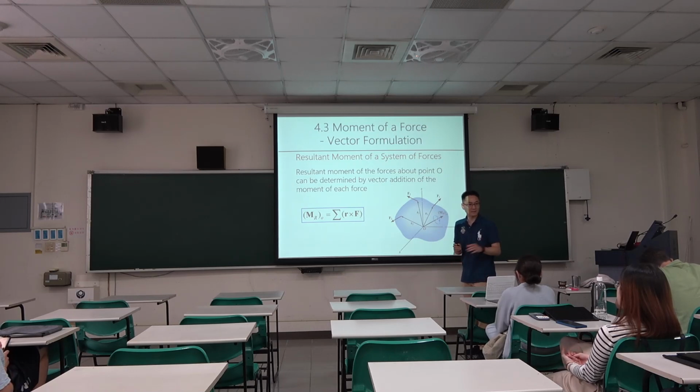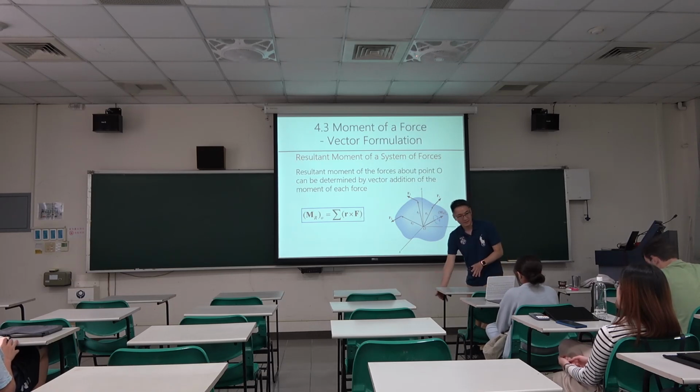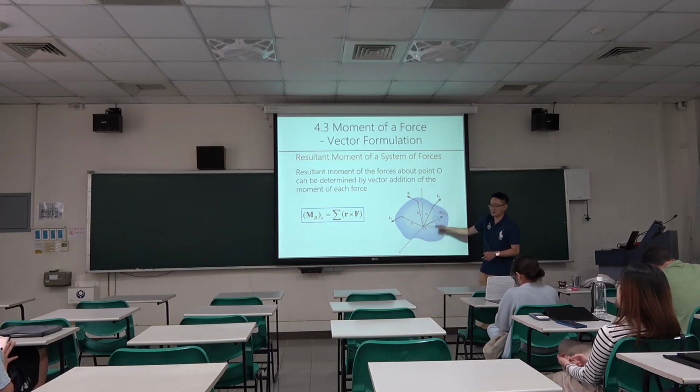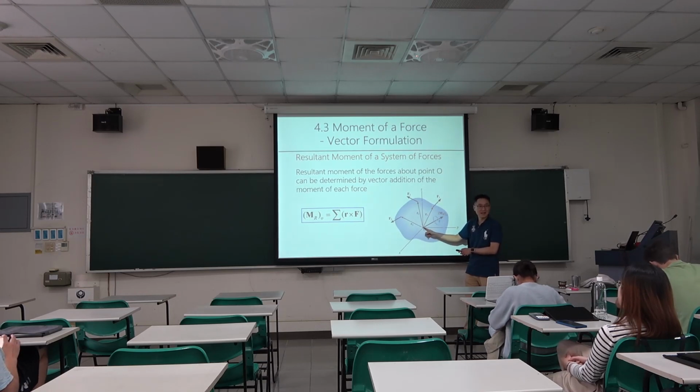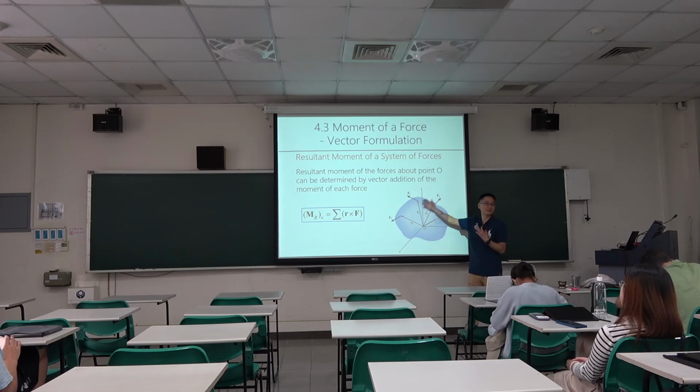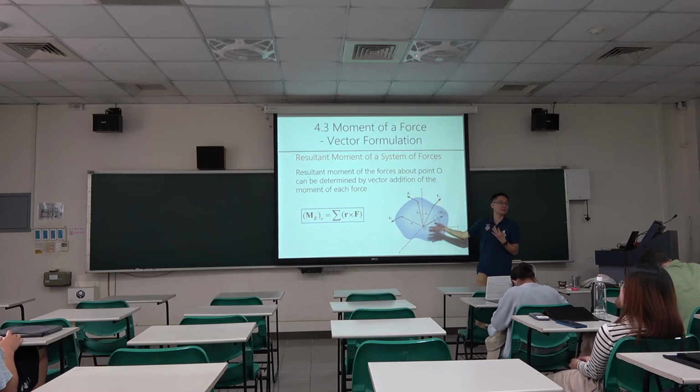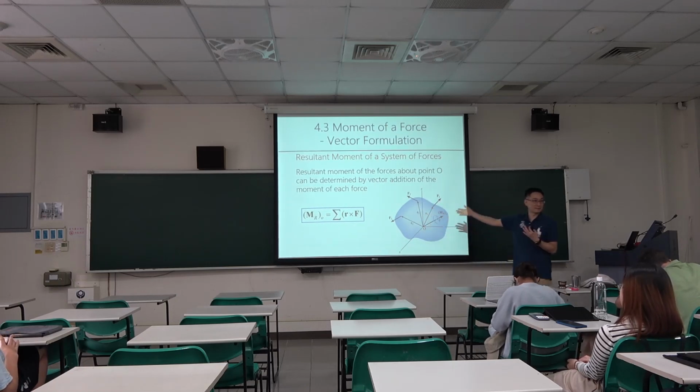But finally, if we want to see one element, how the other elements give an effect on this element, that's the procedure. We have many forces or moments acting on the system, and finally we want to know how one element gets the effect from different loadings. Okay, we use this way to deal with the problem.